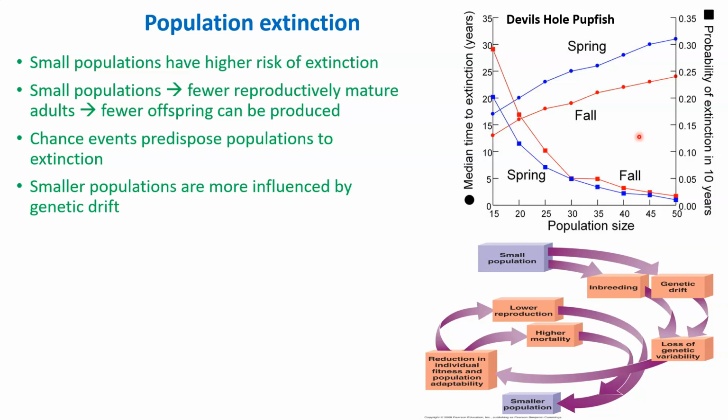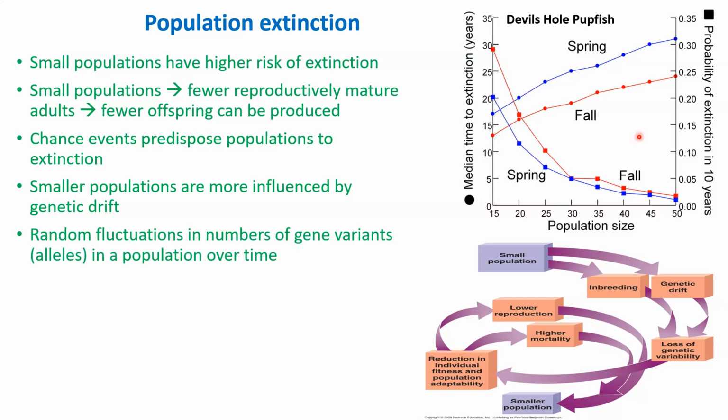And also, if you remember from the evolution lecture, I talked about genetic drift, right? These non-random events that predispose certain individuals to death, right? So genetic drift is also extremely influential in smaller populations, which is a fact I mentioned when I introduced you to the concept of genetic drift.